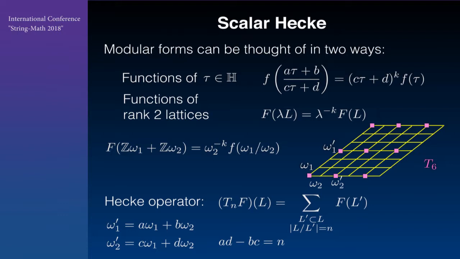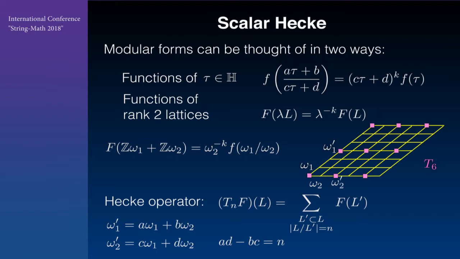If we look at this lattice here, where omega 1 and omega 2 are the basis vectors, if I want to look at index 6 sublattices, well, I can go over 2 and up 3, which is what I've shown, or I could go up 2 and over 3, or I could go up 6, down 1, and so there are 4 different sublattices of index 6. It's a finite sum, and from the property of f of L, it's clear that acting with this Hecke operator gives you another function of rank 2 lattices, which is, again, a modular form. So Hecke operators take modular forms to modular forms.